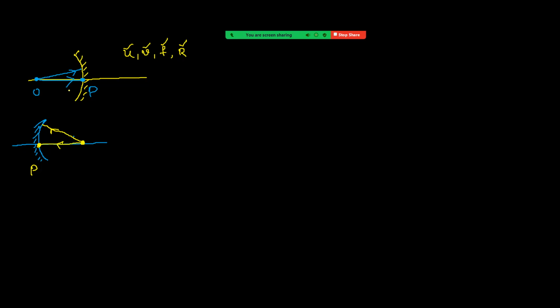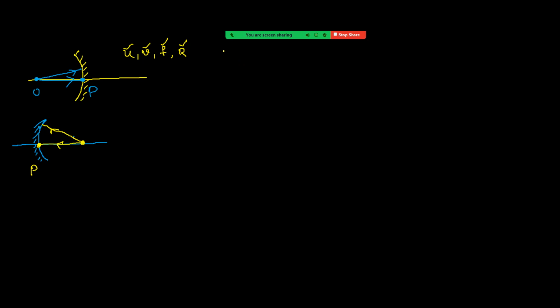If you see in this case, the object is real. A real object means light rays are diverging from that point. So here light rays are diverging. It is a real object. According to our sign convention, this is on the negative x-axis. Therefore, u will be negative for a real object.